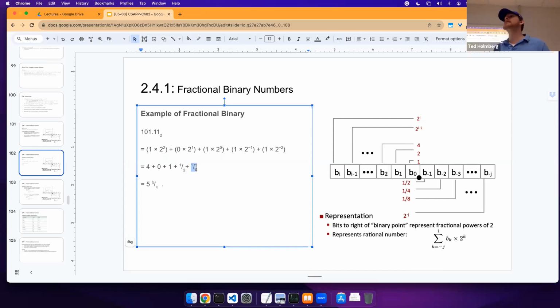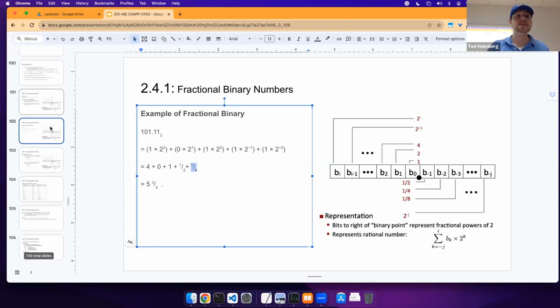The integer value is the same that we would get using our integer arithmetic, but we're going to see that we continually do the summation. And of course, if you want to compute this fraction, you have to get your denominators to be normalized. So that means we're going to have 2 over 4 plus 1 over 4, which resolves to be 3 over 4. So the final value would then be 5 3/4. And so that's how we can translate our binary real numbers into decimal real numbers.